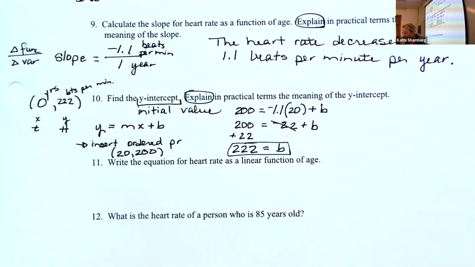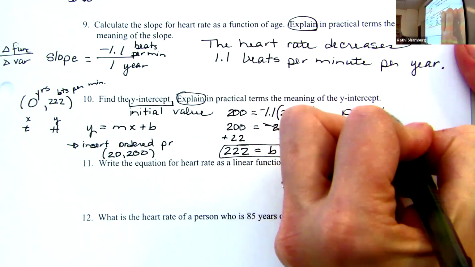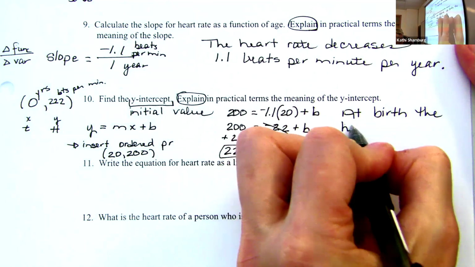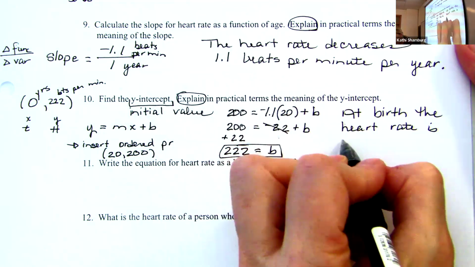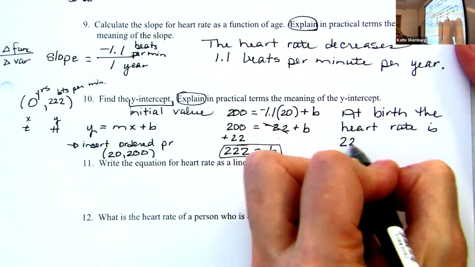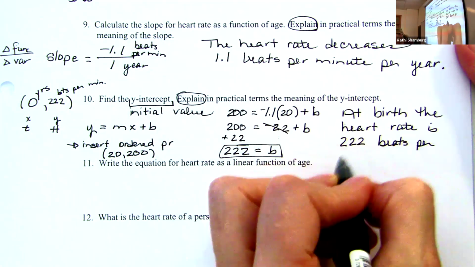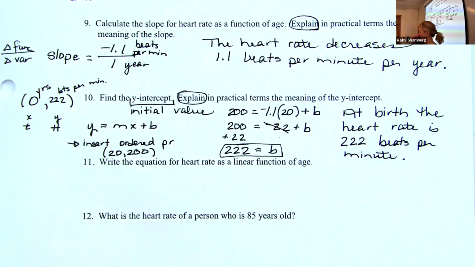Okay. So you could say something like, at birth, the heart rate is 222 beats per minute. Hearts are racing because I just went through a canal, birthing canal.